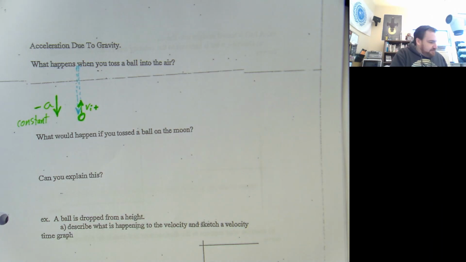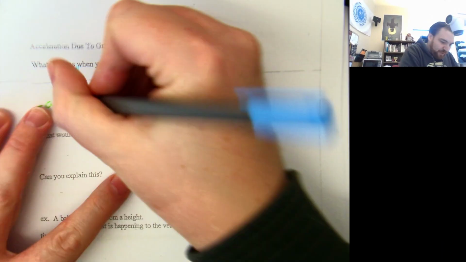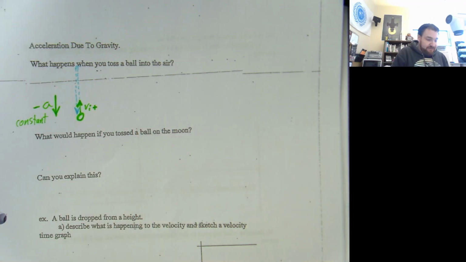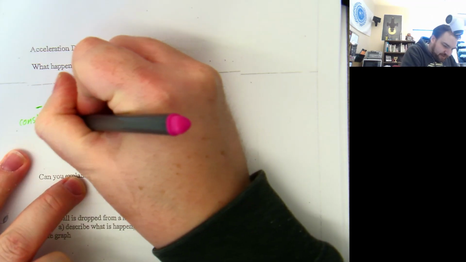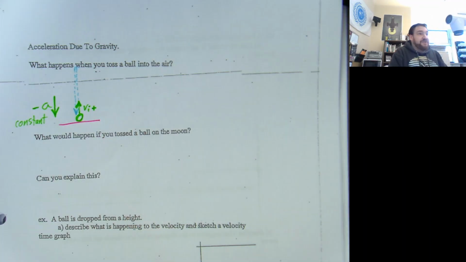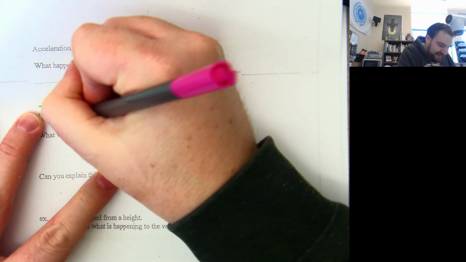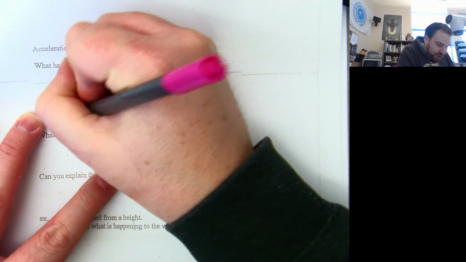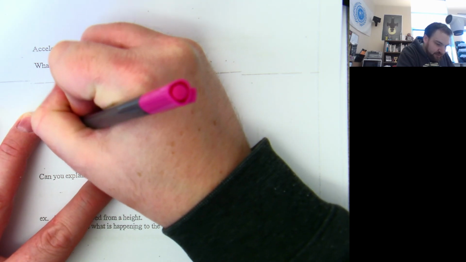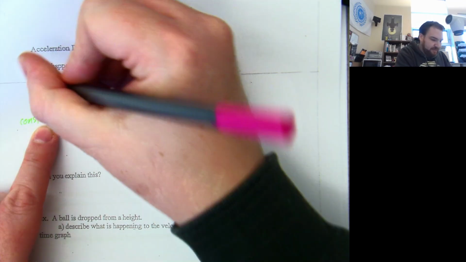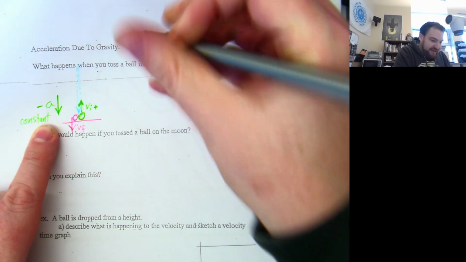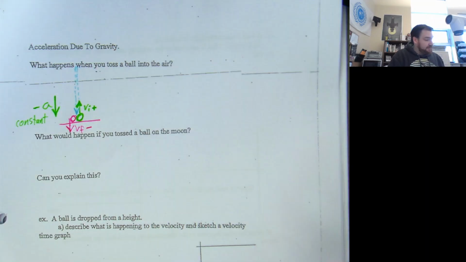When the object reaches the same level, at this point here, that same ball is going to be going downwards once it reaches that level. The final velocity here is going to be negative.